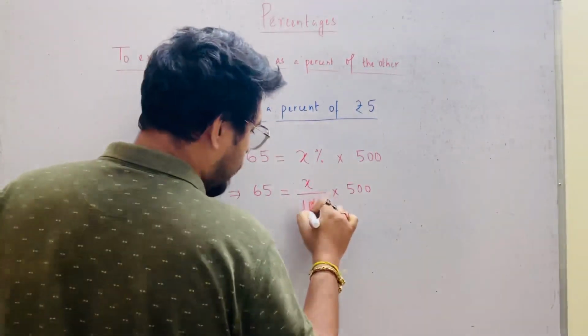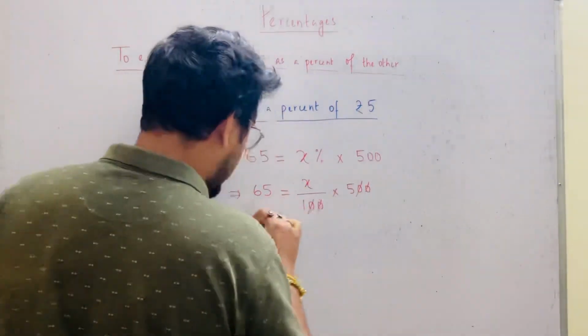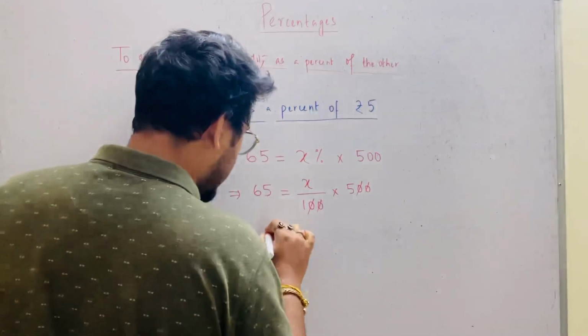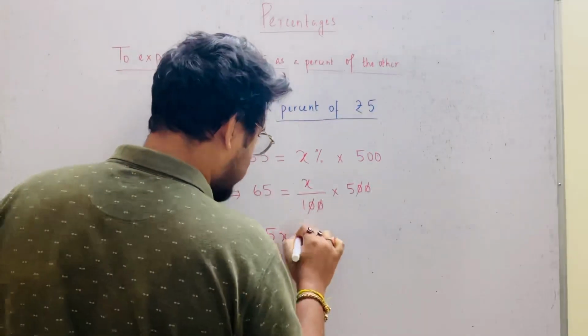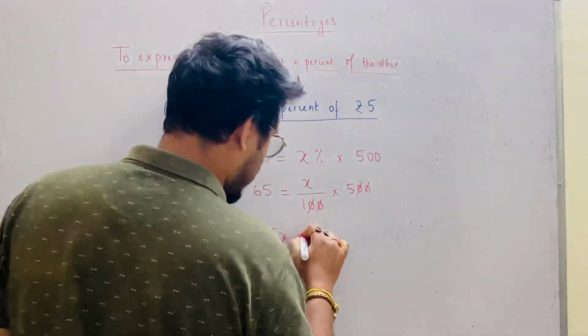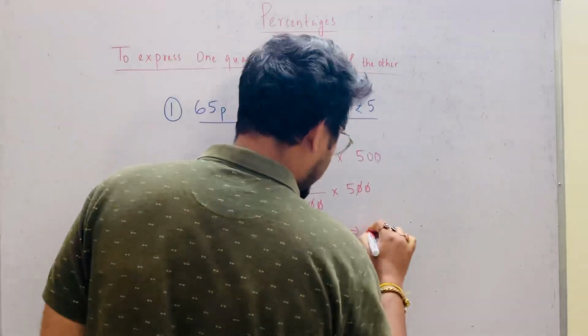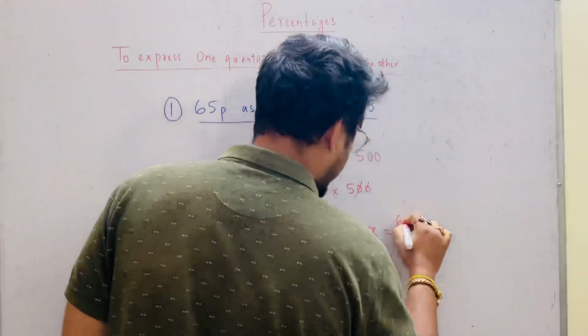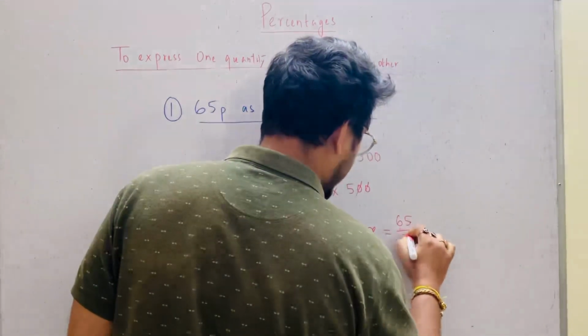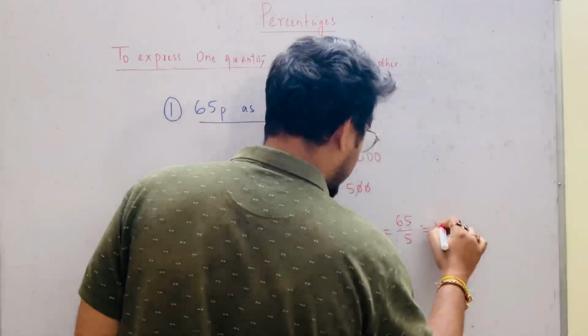So now we will cancel the zeros. So we can conclude that 5 times x, which is 5x, is equal to 65. So what will be x? x is going to be 65 divided by 5. The net answer is 13.